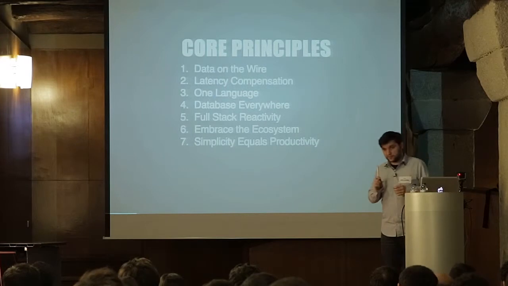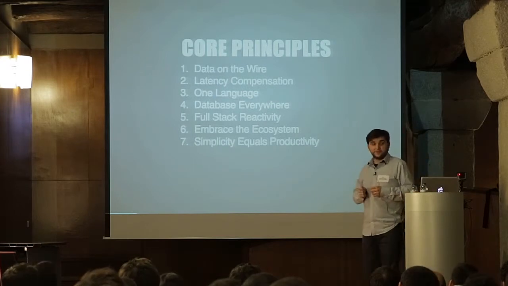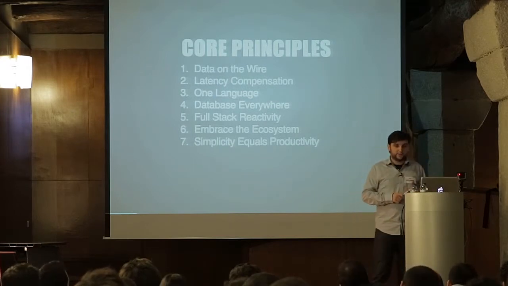Now, because of these recent events, Meteor Day and Meteor 1.0, there has been a lot of developments, a lot of new apps being built, a lot of new functionalities. But I will center this presentation around the core principles of Meteor. Later I will give you some references so you can find out what's being made more recently.